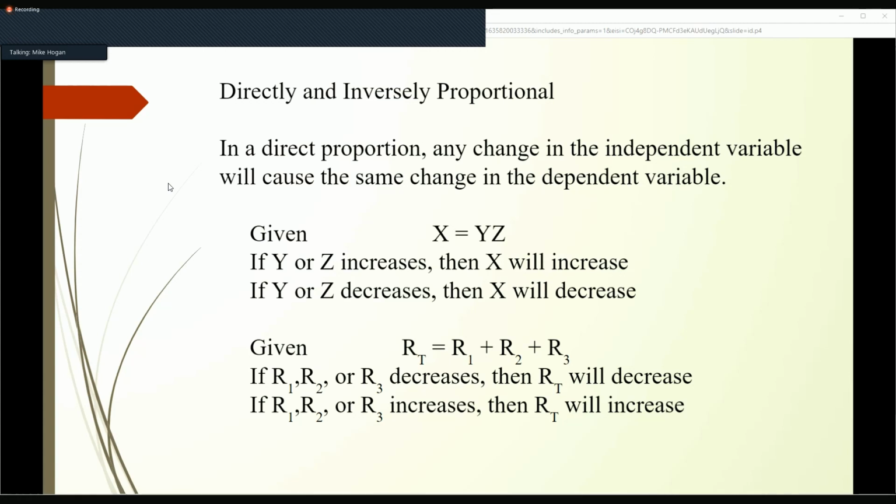Ohm's law indicates that voltage is equal to current times resistance. And so it's this formula, right?